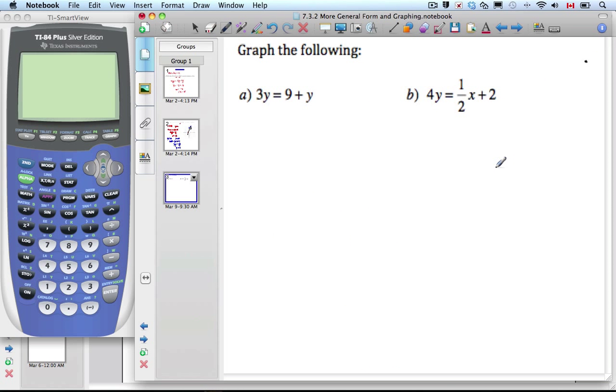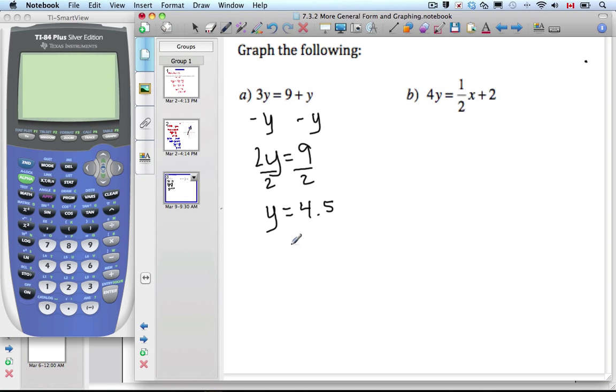Next one. Graph the following. We have several choices available to us. Let's just try to get our variables. Let's subtract y, and get rid of that one. Now we have 2y equals 9, and so y equals, divided by 2, 9 over 2, which is 4.5.